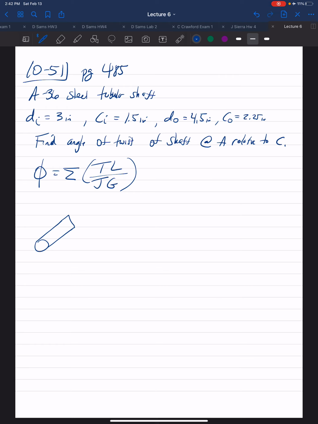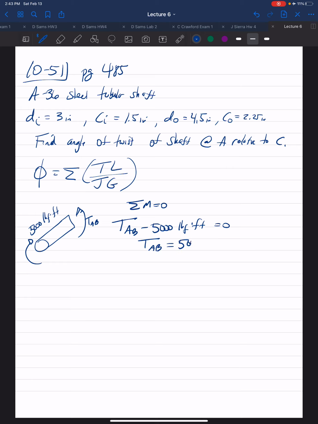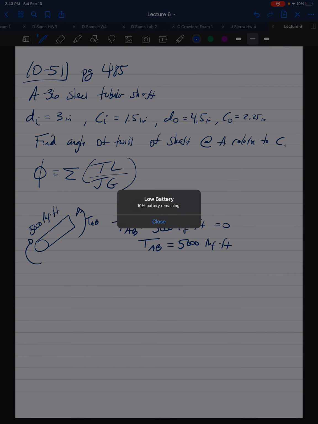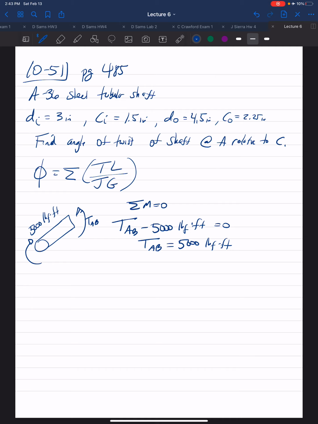For your segment AB, you have a torque of 5,000 pound-force feet. So then we have a balancing of our torque in segment AB. TAB minus 5,000 pound-force feet equals 0. So TAB is 5,000 pound-force feet.